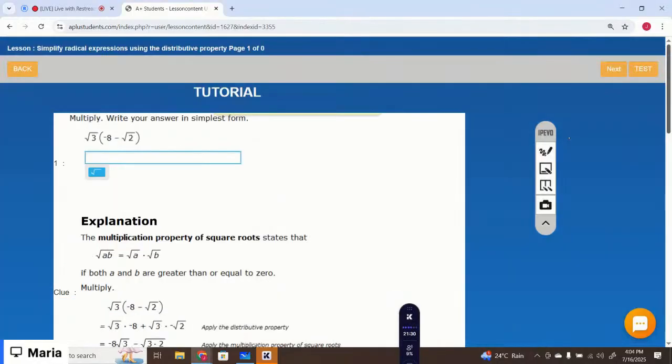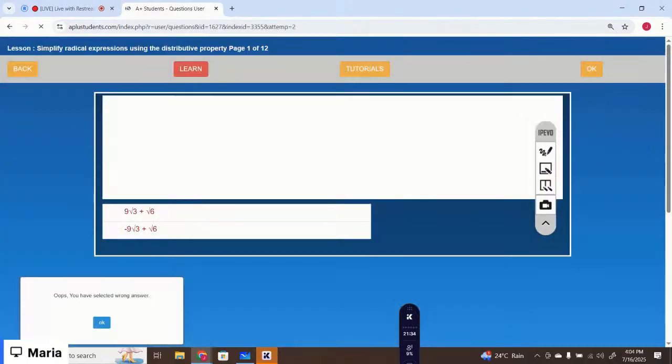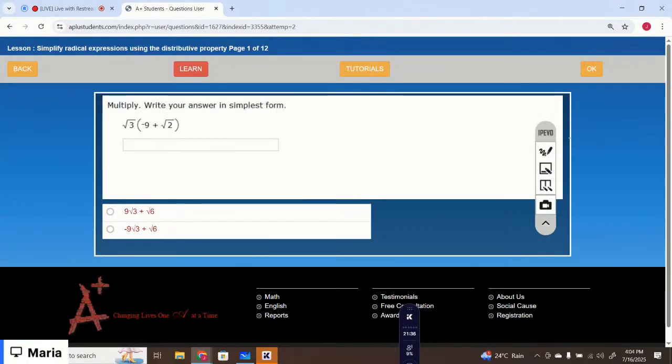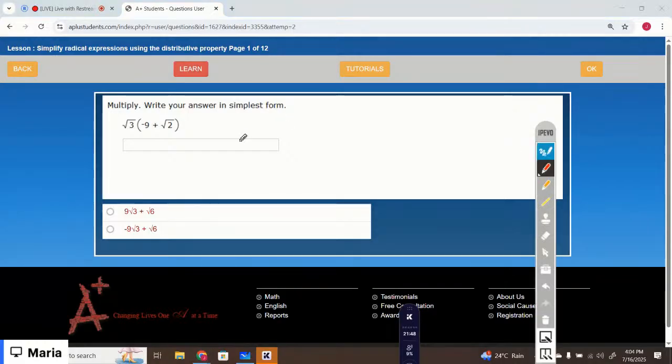Let's just start with the test questions. Multiply. So negative 9 times square root 3 is negative 9 square root 3 plus square root 3 times square root 2.